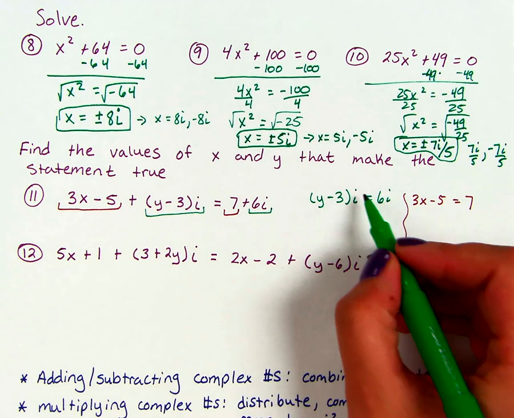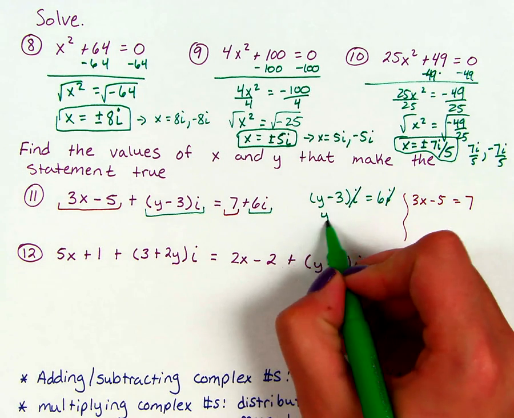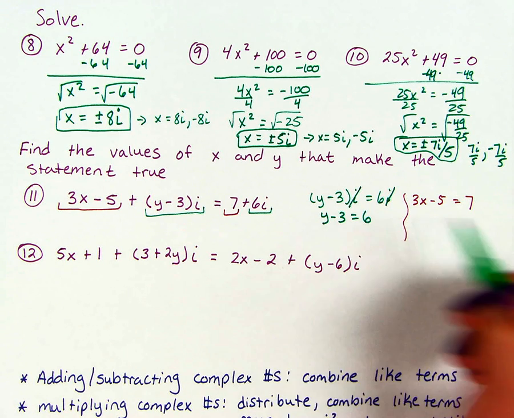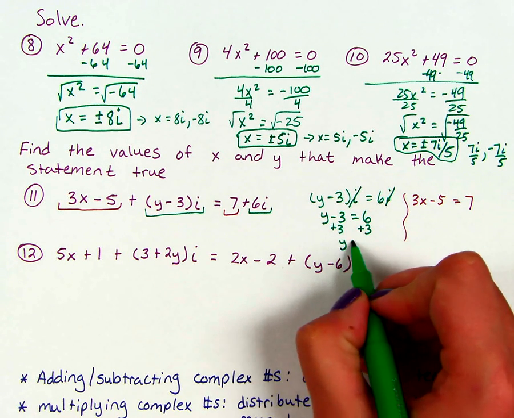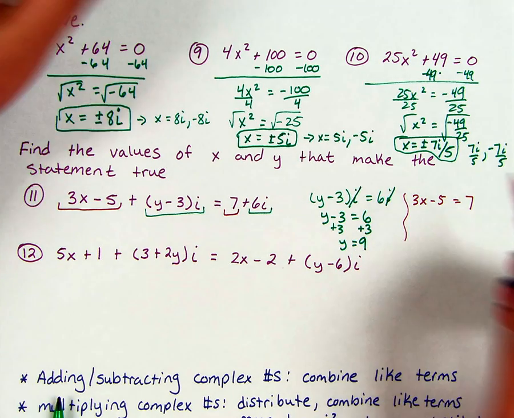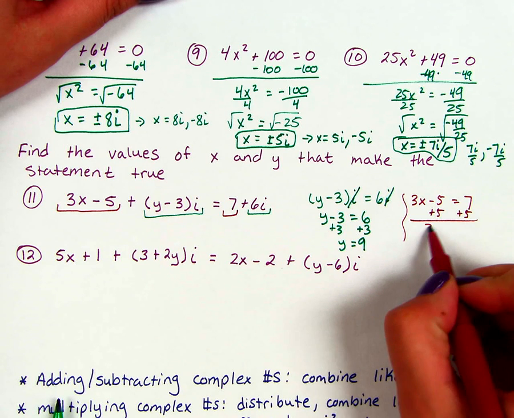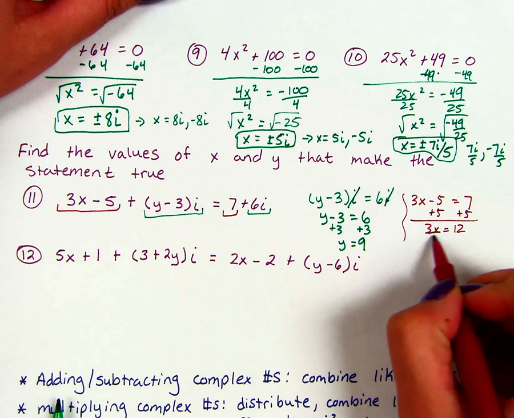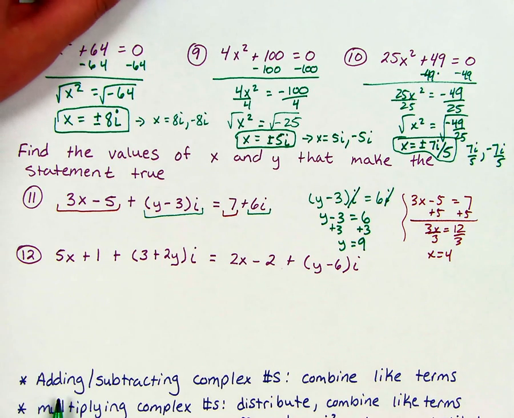So this first one, well, our i's really just kind of cancel out because we can divide both sides by that. So we're really solving y minus 3 equals 6. So we would add the 3 to each side. So y has to be 9. And then for this one, we're going to add the 5. So 3x equals 12, and then divide by 3. So x equals 4.